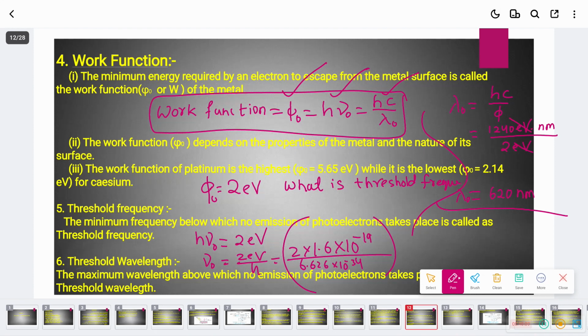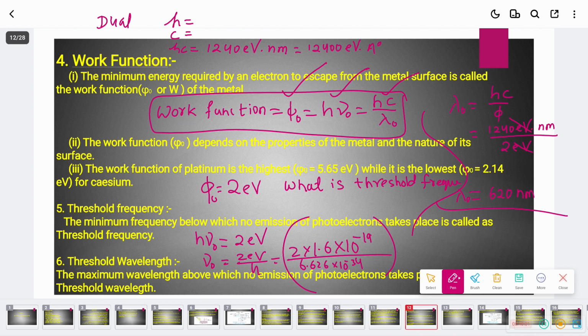So always remember, while solving dual nature questions, remember the h value, the c value separately, and the hc value together. How much is it? 1240 electron volt nanometer, or 12,400 electron volt angstrom.